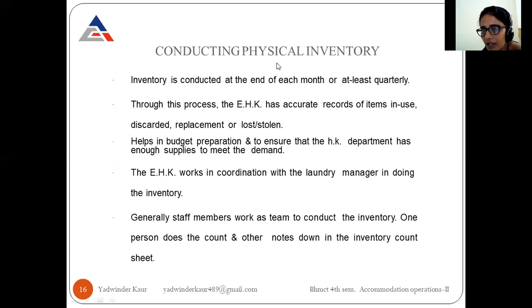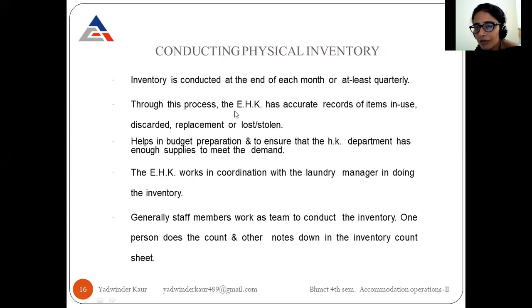Conducting physical inventory is done at the end of each month or at least quarterly. Through this process, the EHK, Executive Housekeeper, has accurate records of items in use, discarded, replaced, or lost.